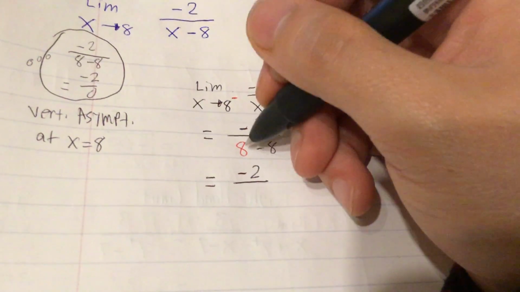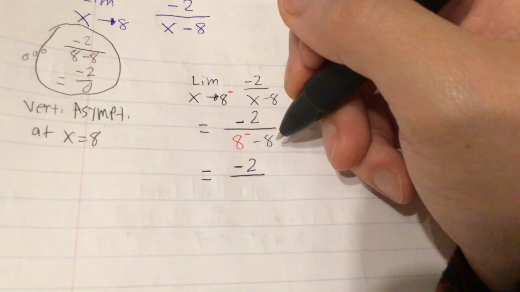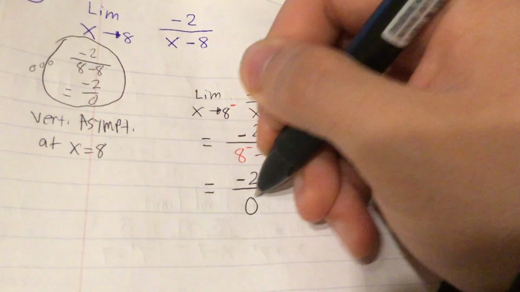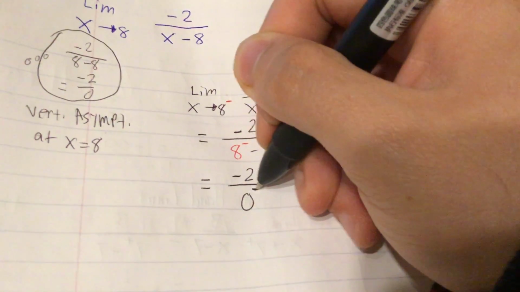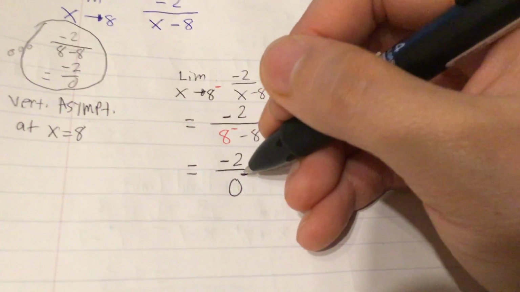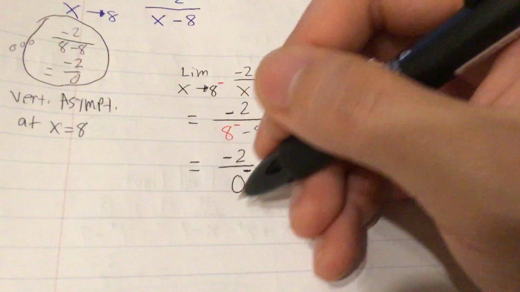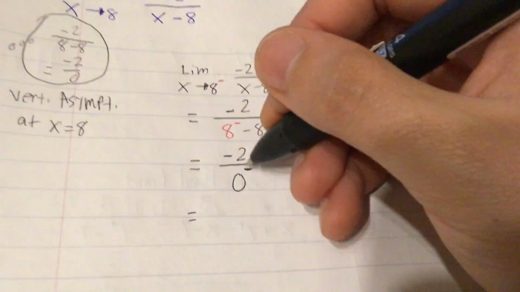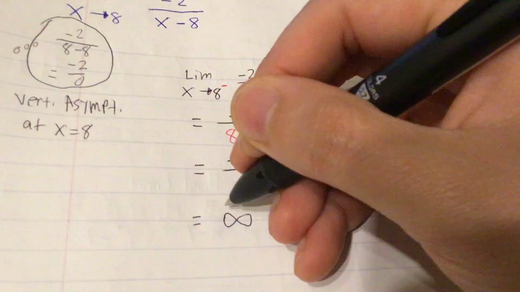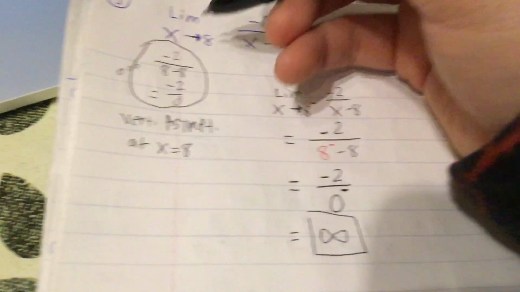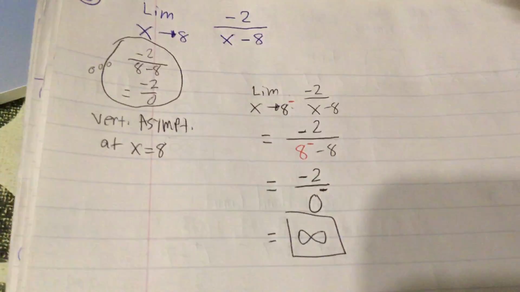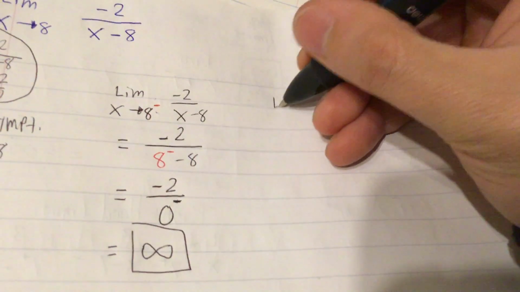Think to yourself 7.999 minus 8. 7.999 minus 8 is practically 0, but from the left side. So negative 2, so first things first, we've got the left side of 0, so it's a negative divided by a negative. That makes it a positive. And 2 divided by 0 is infinity. So the limit as x approaches 8 from the left side wants to go to positive infinity. Now let's approach x equals 8 from the right side.